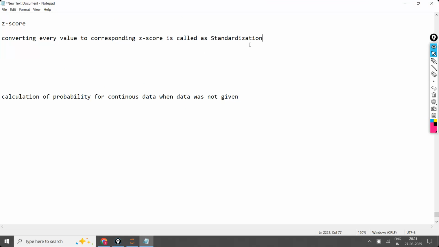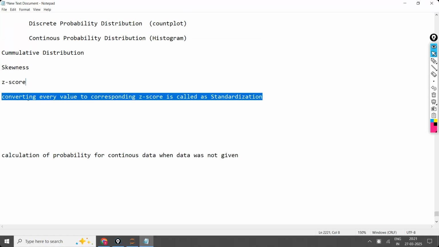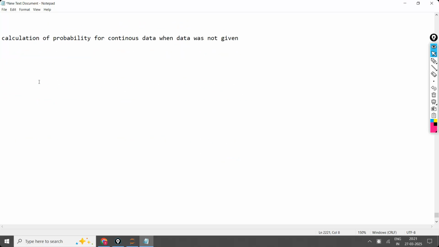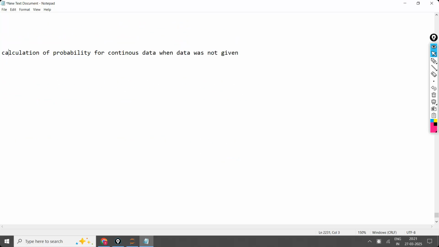So here this is z-score. Z-score formula I have told you, and converting every value is called standardization. Now the next point is calculation of probability for continuous data when data was not given.